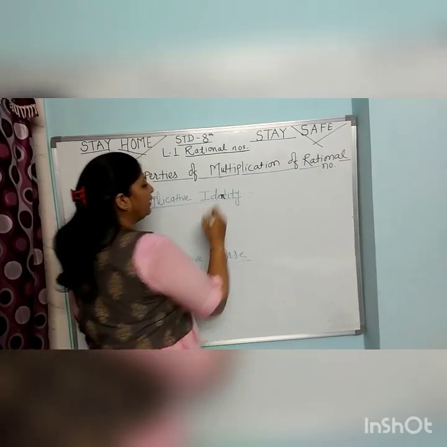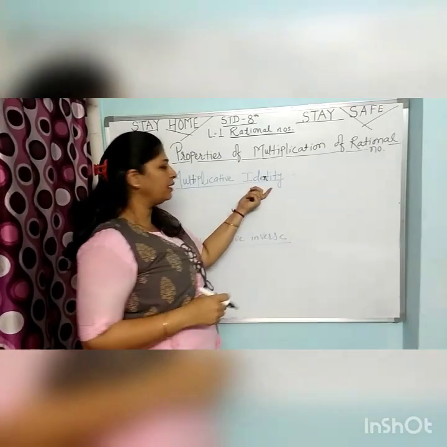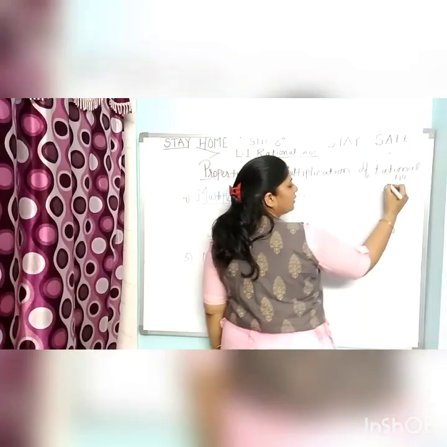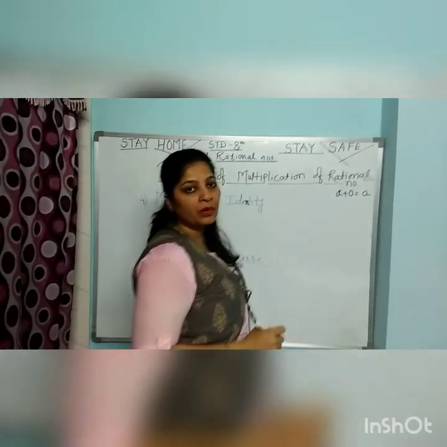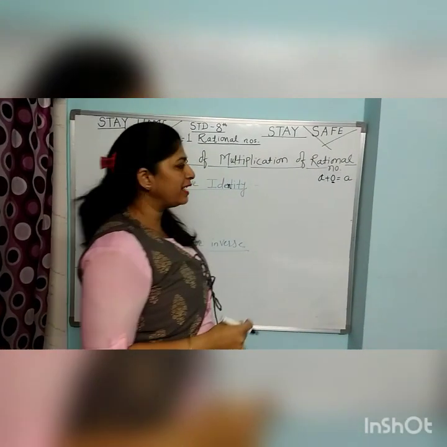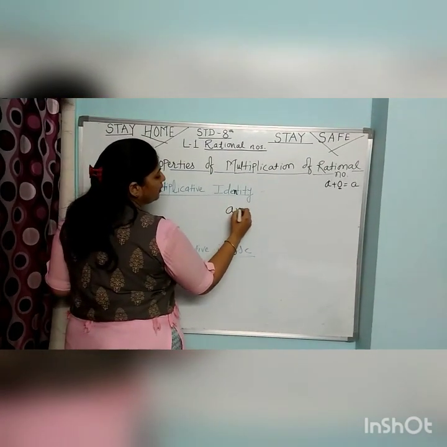Multiplicative identity. Okay, we have seen the additive identity, where any rational number added with 0 remains the same. So 0 is the additive identity element. In the same way, in multiplication, the identity element is 1.